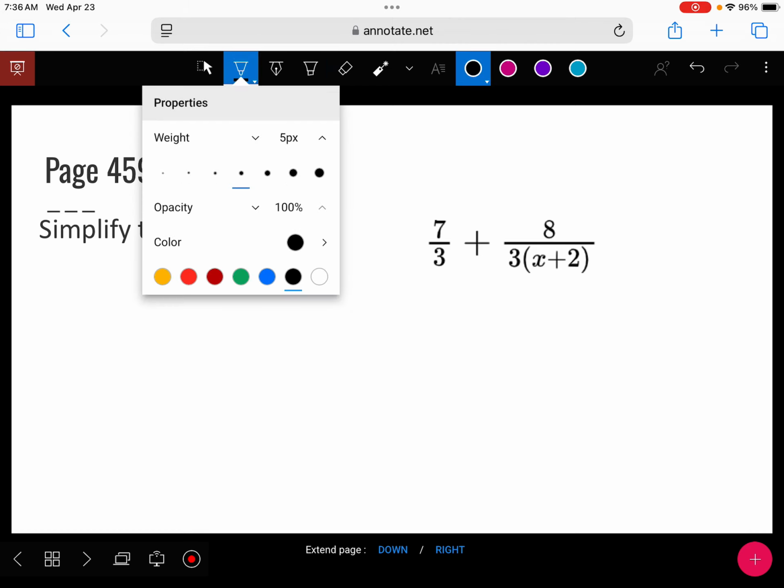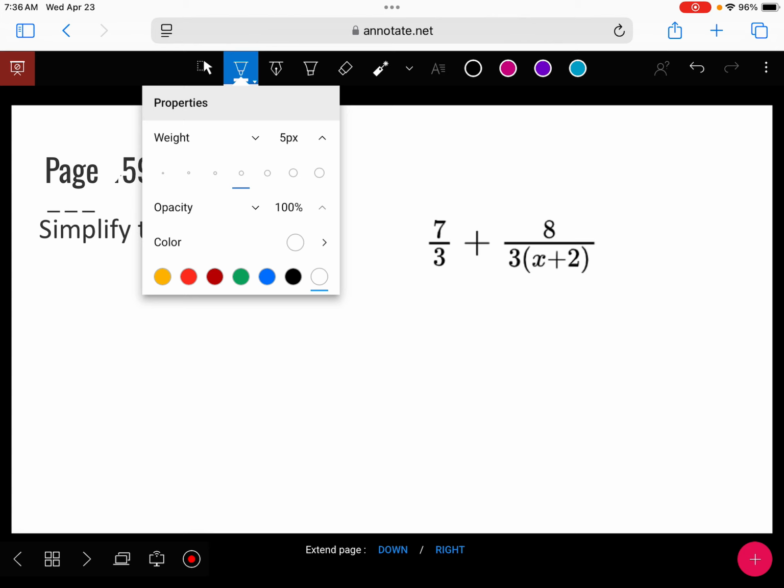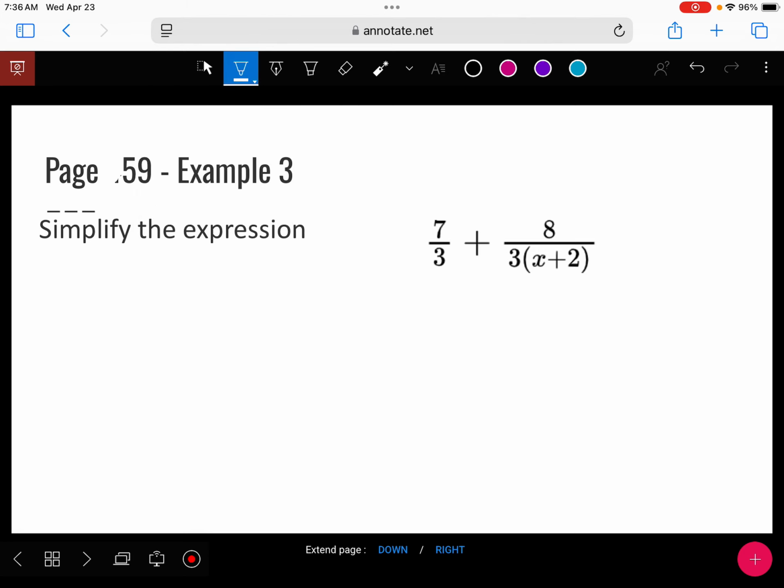So we've got 7/3 plus 8 over 3 times x plus 2. The greatest common factor is 3. Correct. They have a greatest common factor of 3, but we're not looking for a greatest common factor.